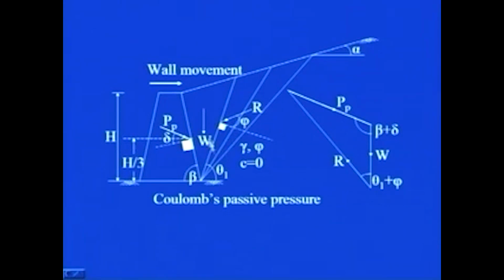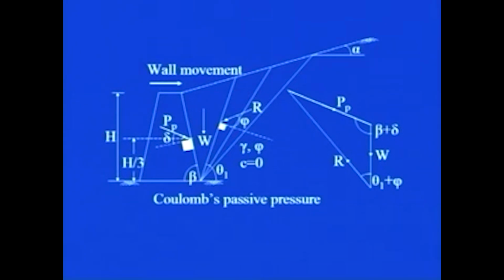I know the magnitude of this weight W. Accordingly, I can draw a vertical line, or a line parallel to this line, and I can know that this much is the weight W. Now what I do is I draw a line parallel to this PP and a line parallel to this R. Wherever they intersect, you can simply measure this length, and you can get directly from this force diagram the magnitude of the passive force. This whole procedure you have conducted for one trial wedge.